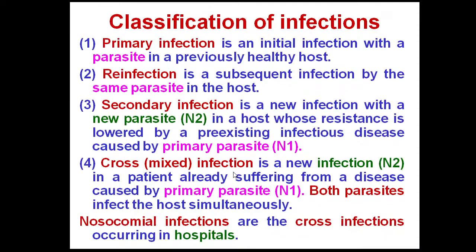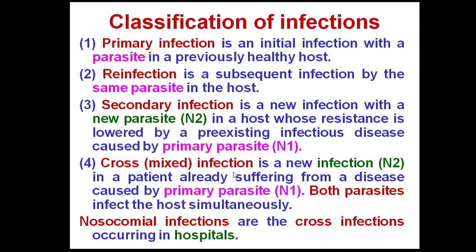Now we also may classify infections based on the number and order of pathogens that enter the body. For example, primary infection. This is an initial infection with a parasite in a previously healthy host. Reinfection is a subsequent infection by the same parasite in the host.